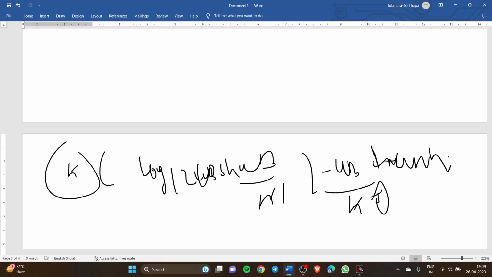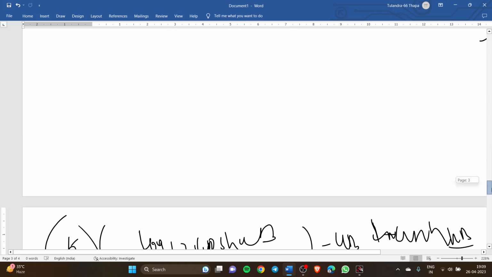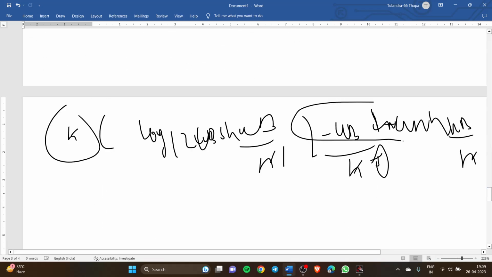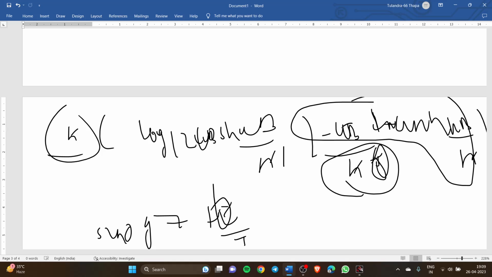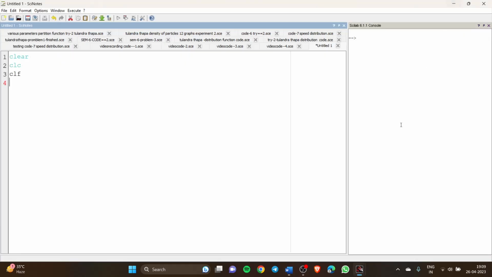This term is coming out because we have taken k common and T has already been divided in the formula, that is S = k log Z + E/T, and minus is already present in E, therefore it is minus. So this is clear.